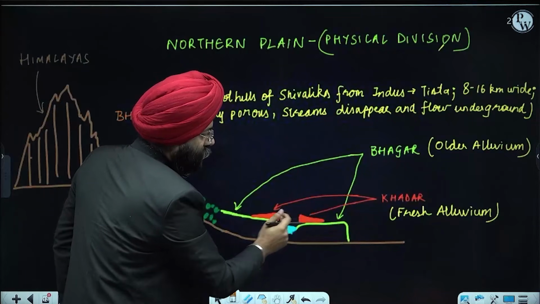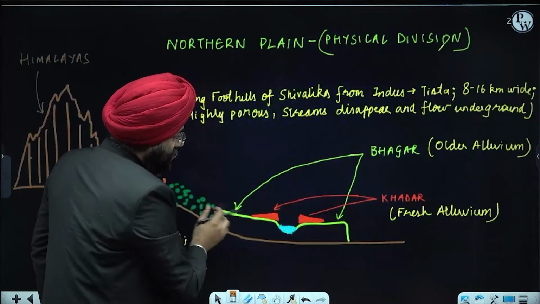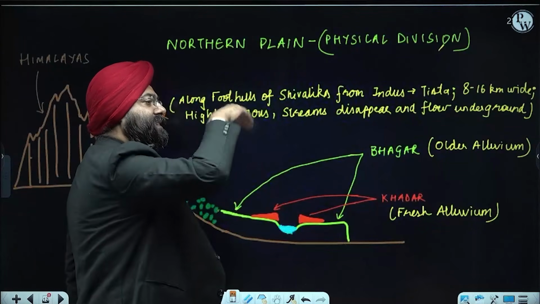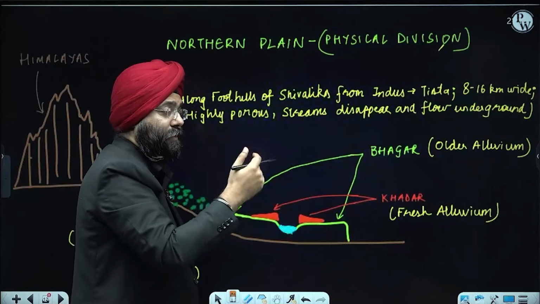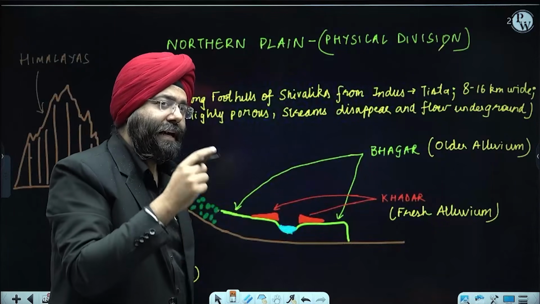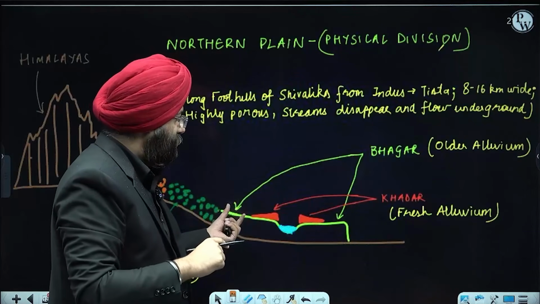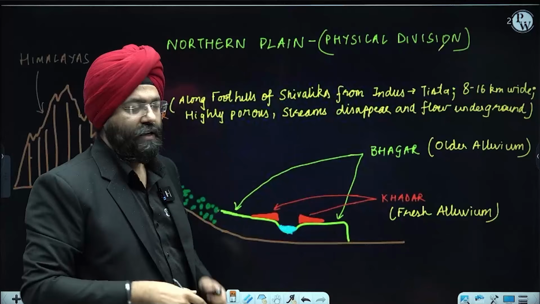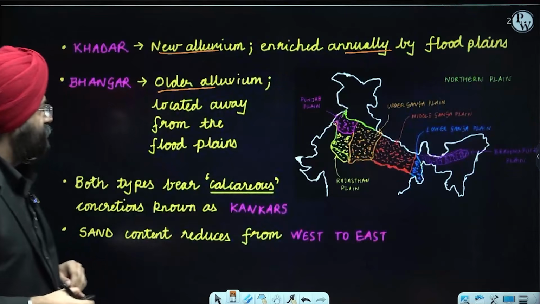So fresh alluvial will be repeatedly deposited. Now there will be other regions which are very far away from this river which previously had fresh alluvial, but now they are far away, so they do not have a fresh supply of the alluvial, and that is why these alluvial soil regions are not as fertile as the Khadar. This is a thing.